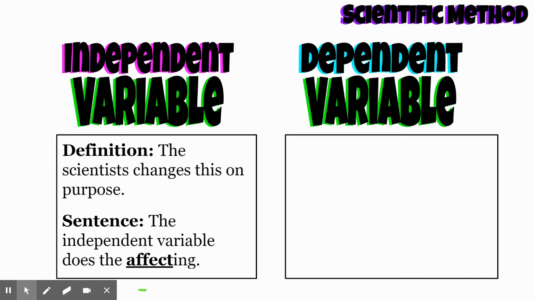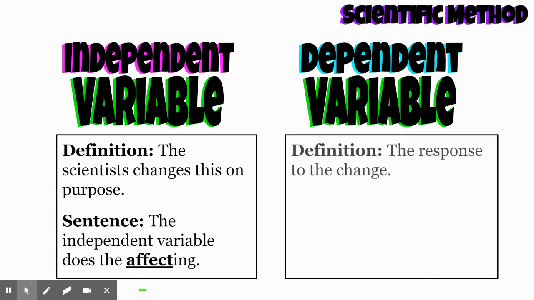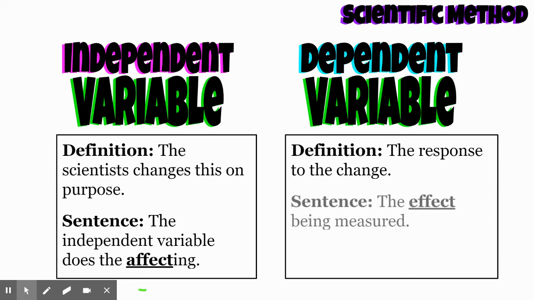And independent means by itself, right? It's all by itself. It's there alone. Now the dependent variable is that response to the change. The dependent variable depends on the independent variable, and it's going to be the one being affected. And we're also going to measure dependent variables because they depend on what we changed in the independent variable.